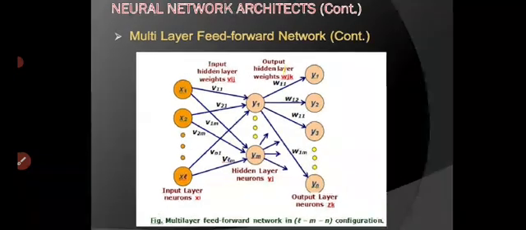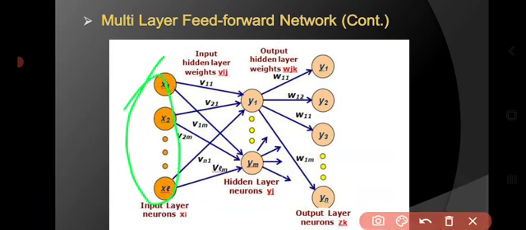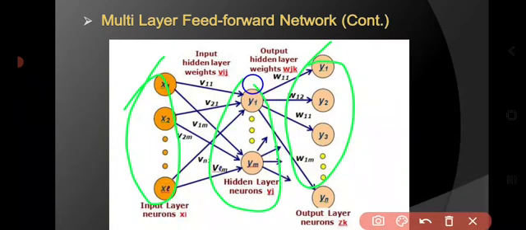So there are more layers here instead of one as in the single layer feed-forward network. In the multi-layer feed-forward network, one is the input layer, second is the output layer, and in between the hidden layer is there.